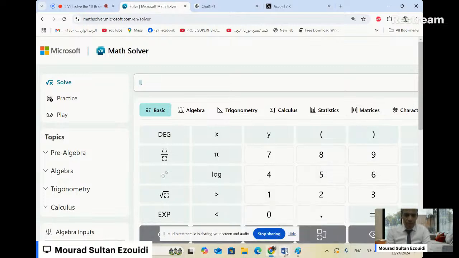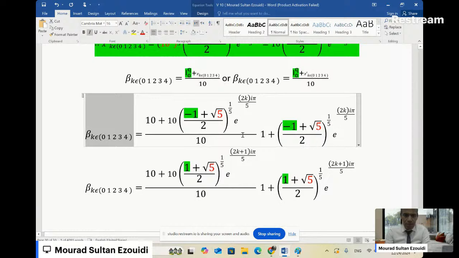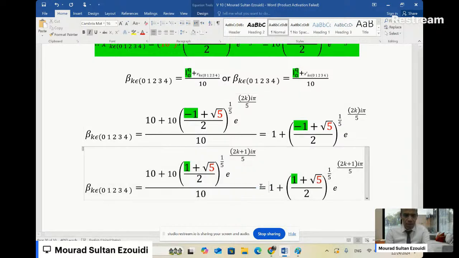Now my kids, for that, our term is here. So these are the roots, isn't it? This is equal. Yes. This is equal. So kids, for k equal minus 1, k equal 2, I will get the first three roots. k equal 0, I will get the second one. So we have only two roots. The other are complex. Okay?